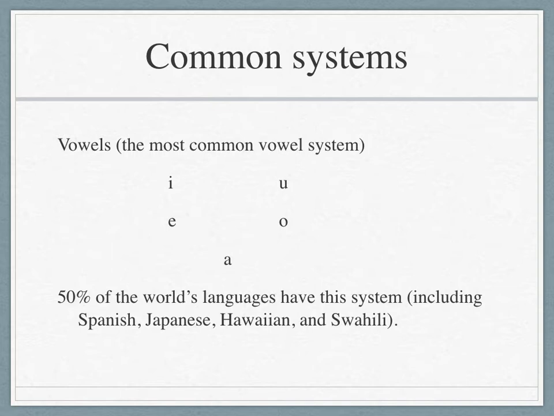Now, true or false? English also has this vowel system. False, right? So this happens to be our spelled vowel system, but remember back to phonetics, we actually have far more vowels than this in spoken English, right?